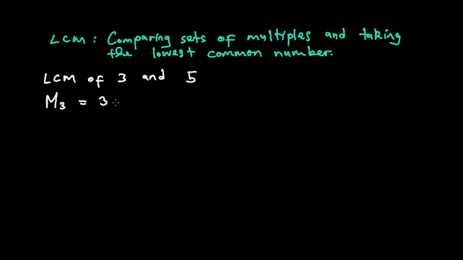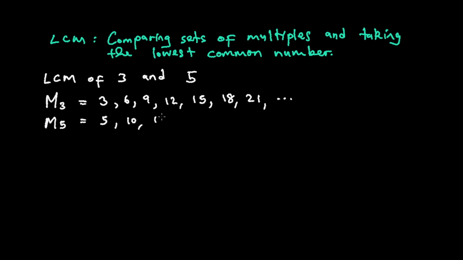You can simply write 3, 6, 9, 12, 15, 18, 21, and so forth. The dots after 3 mean and so forth in set notation. Then we take the multiples of 5: 5, 10, 15, 20, 25, 30, and so forth.